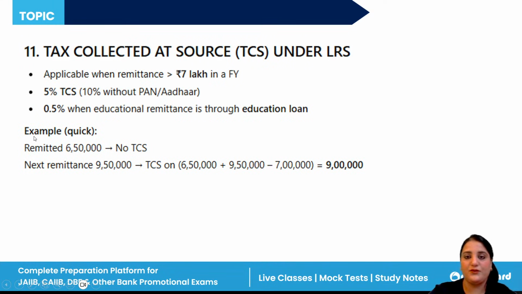Tax collected at source. There is one change in tax collected at source, so I will tell you according to that change. Tax collected at source is basically a type of tax that is deducted. So what is it? Basically 20%, more than 20% is now not deductible.